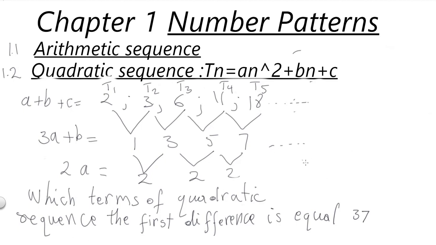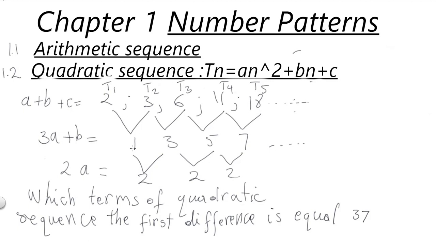So now we know this is a quadratic sequence. Between T1 and T2, the first difference is 1.